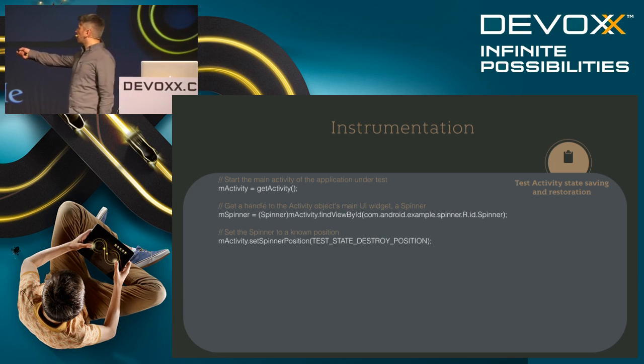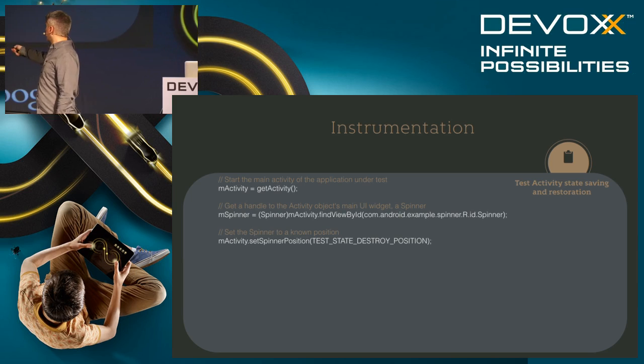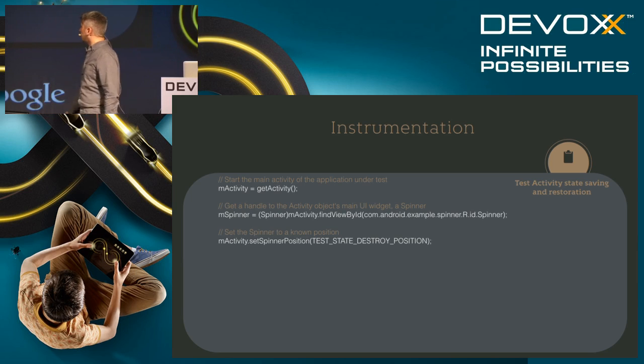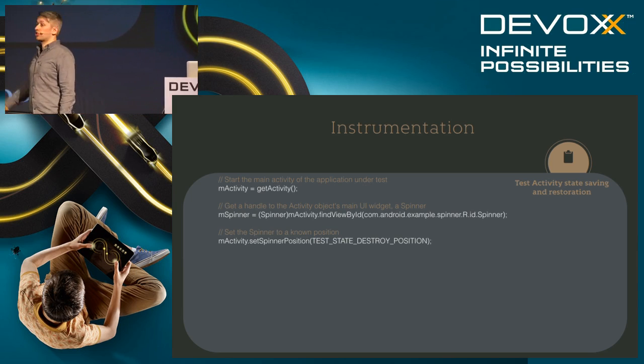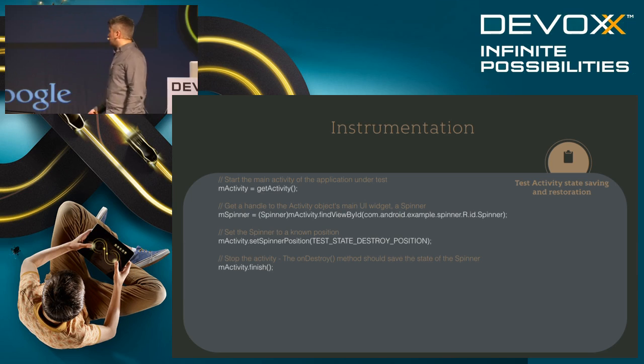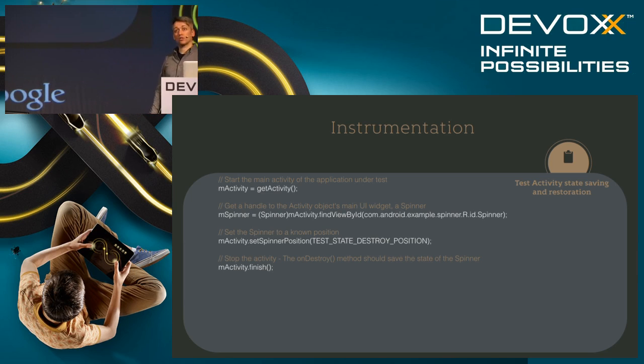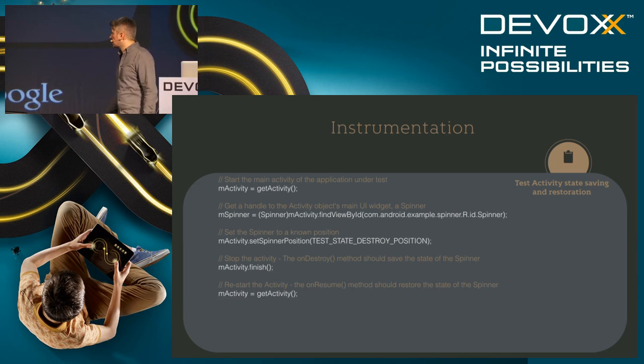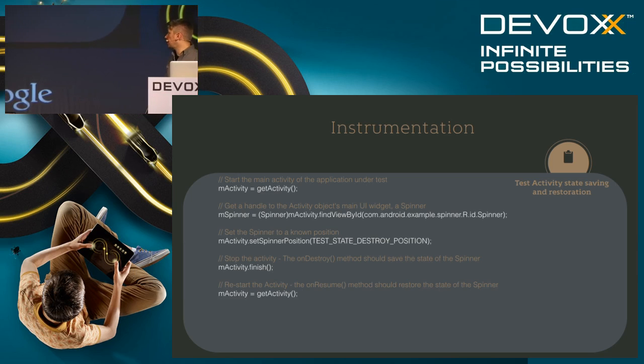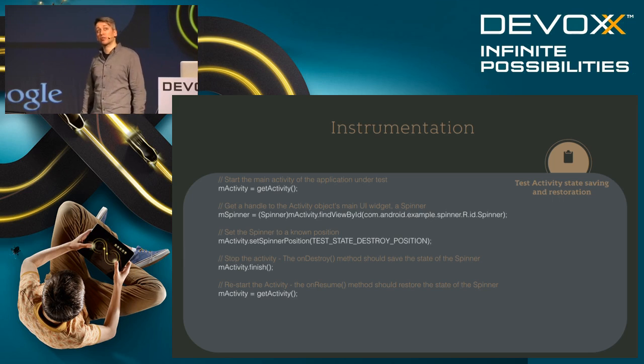So you see, we get a hold of the spinner. This is normal findViewById code, which you've written hundreds and hundreds of times by now. I set a certain position. After that, I will stop my activity, so I know that my activity will be destroyed. And after that, in my test, I will immediately restart the activity. And now I know that my onResume should be triggered.